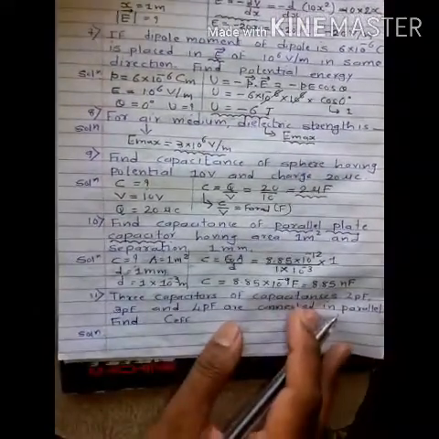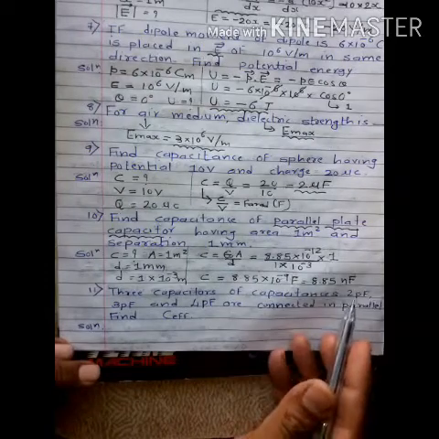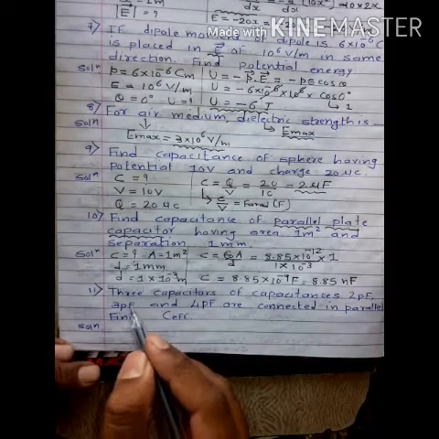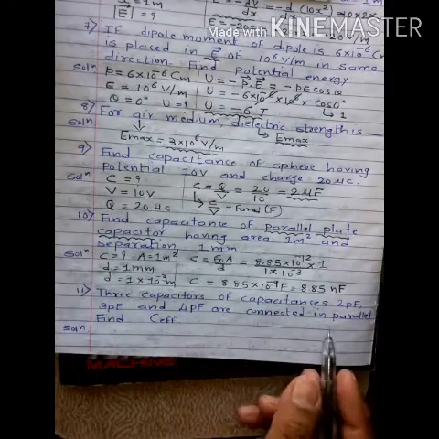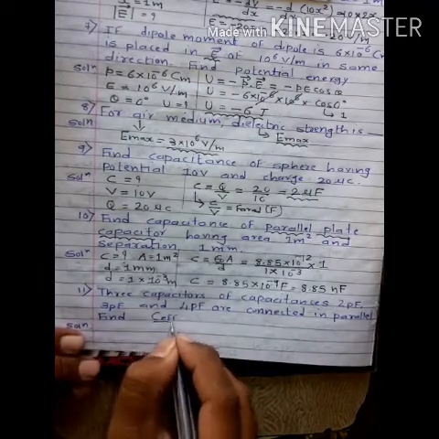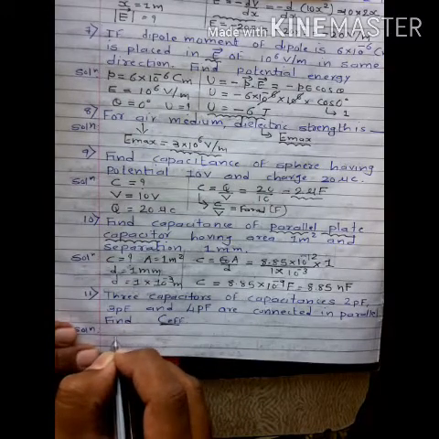Next MCQ, 3 capacitors of capacitance 2 picofarad, 3 picofarad and 4 picofarad are connected in parallel. So find effective capacitance. So here we have 3 capacitors.